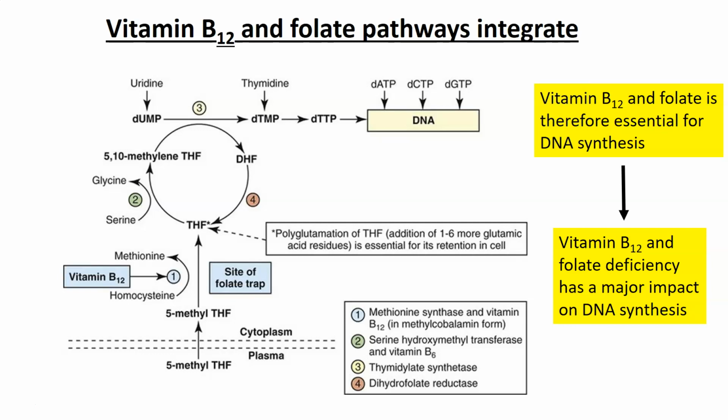So if there's a drop in these nutrients, we simply cannot maintain the rate of DNA synthesis that's required in the bone marrow. So you get a drop in precursor number, and therefore a drop in red blood cell number.